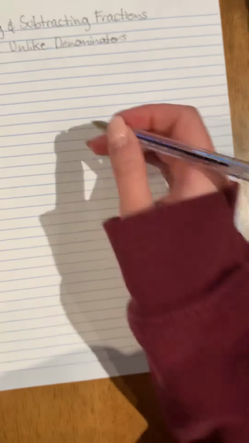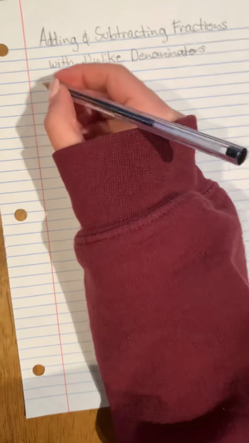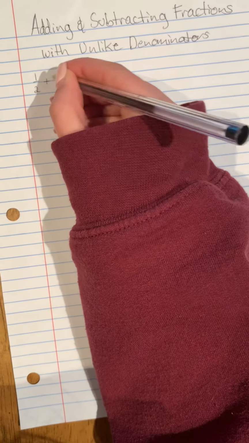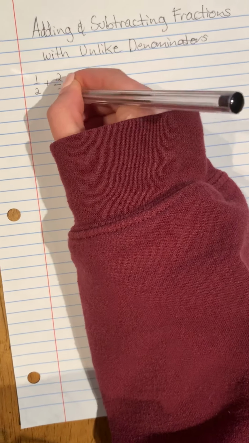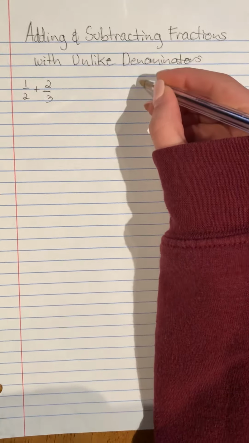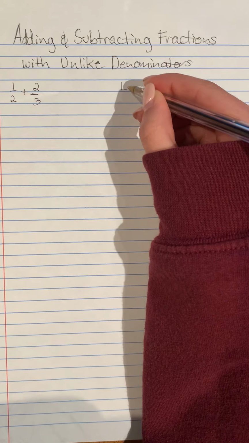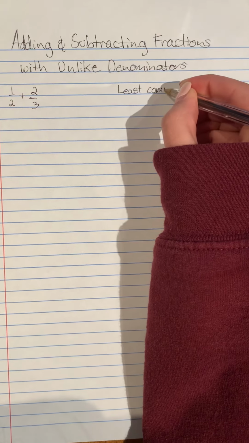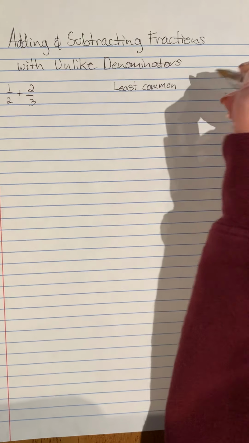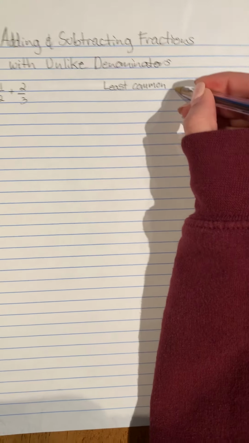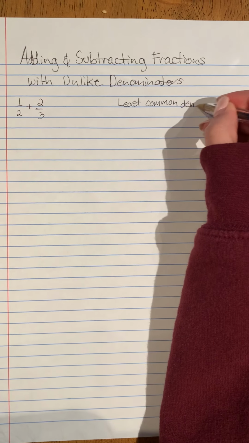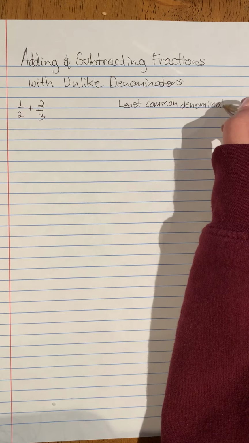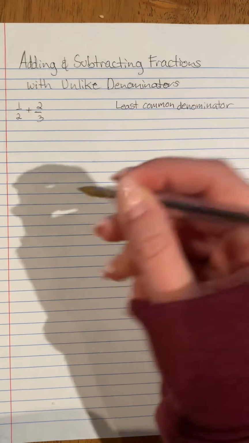So I'm going to start with, let's do 1/2 plus 2/3. And I'm going to find something called the least common denominator, or the LCD. So the least common denominator is the smallest denominator we can make equivalent fractions for.